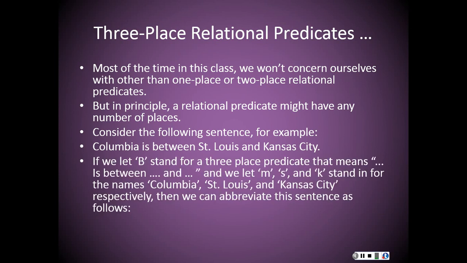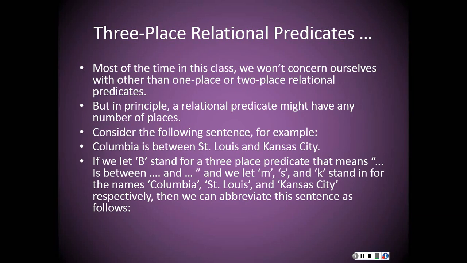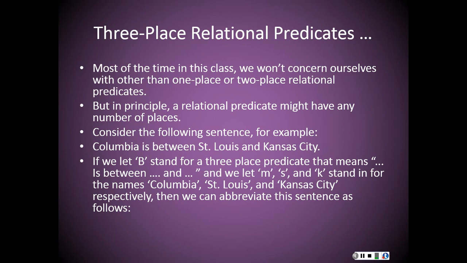We could let B stand for a three-place predicate. That is a predicate that takes three arguments. That means "blank is between blank and blank." And we can let M, S, and K stand in for the names Columbia, St. Louis, and Kansas City.